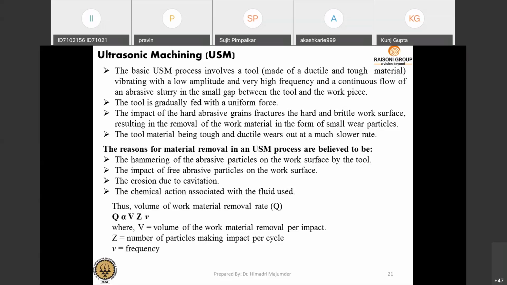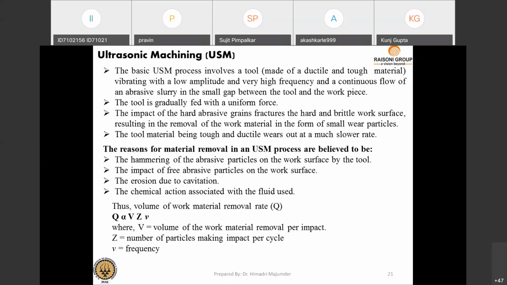Then the erosion due to cavitation. When cracks form, cavities will form, and from that cavity, erosion will again take place. Then chemical action associated with the fluid used. As we already said, we are using abrasive slurry, which means some fluid is used with the abrasive. So during the chemical action also, the material gets removed.